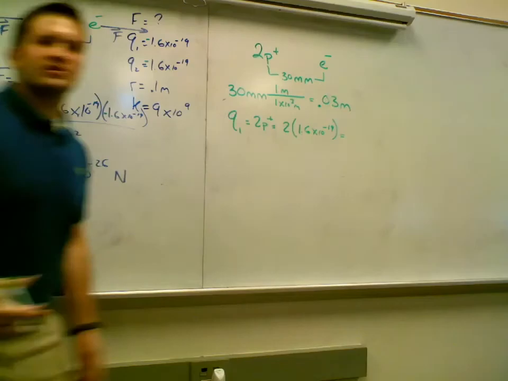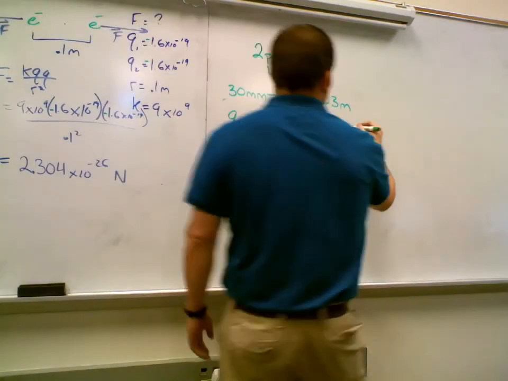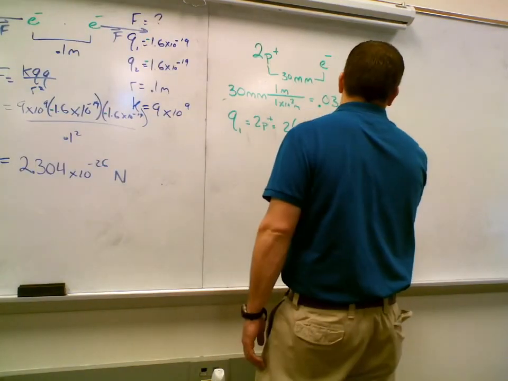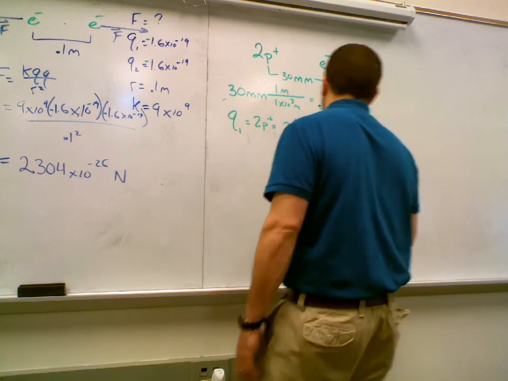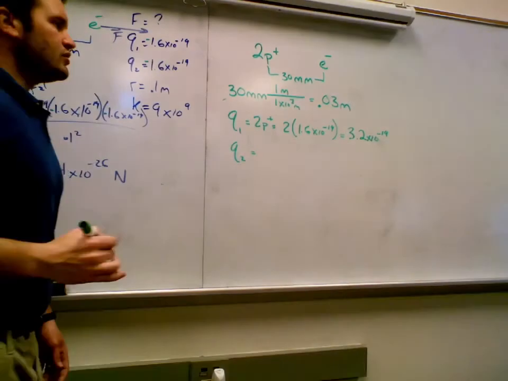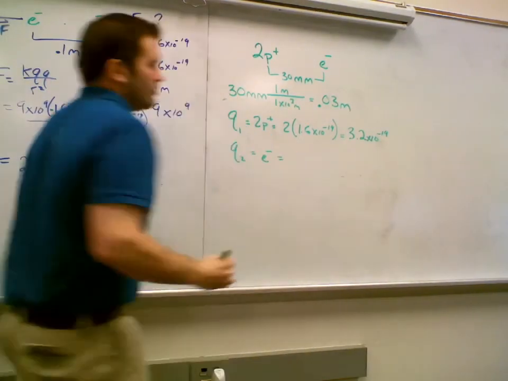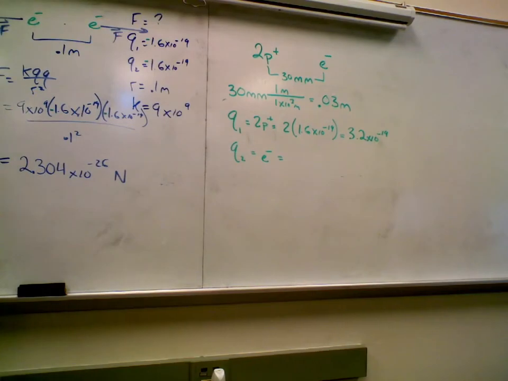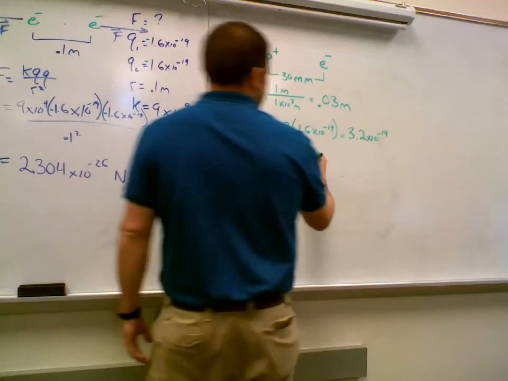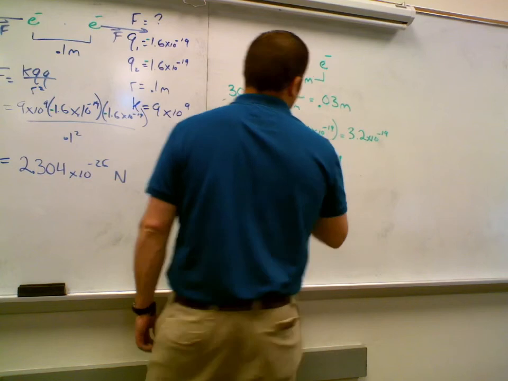That's 2 protons, so that's 3.2 times 10 to the negative 19. Q2 is 1 electron. 1 electron is 1.6 times 10 to the negative 19. Negative.